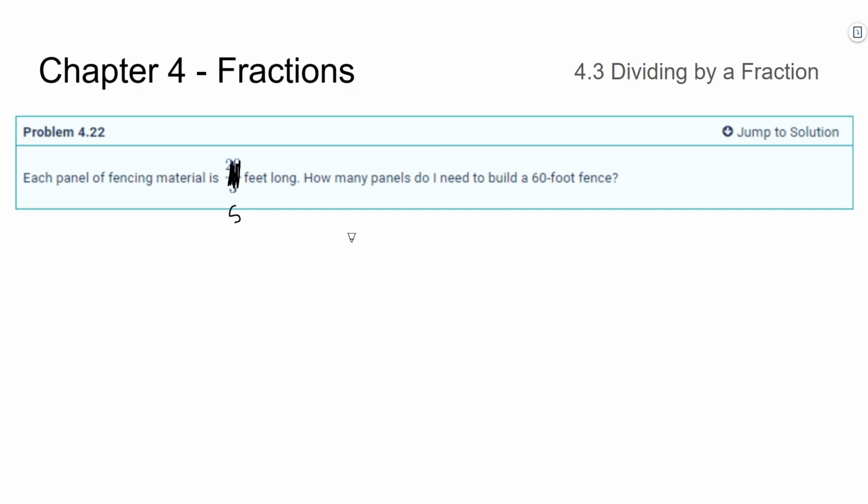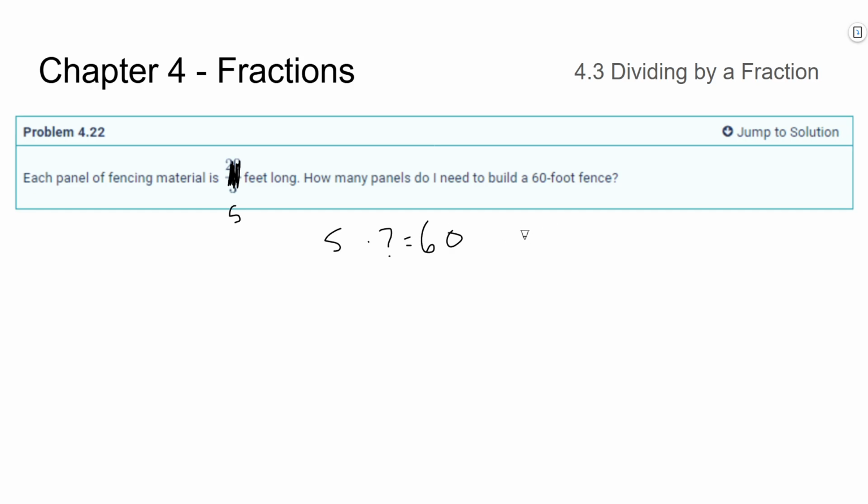Then how many panels do you need to build a 60-foot fence? Well, you know that it's going to be 60 feet in the end. You know that each one is 5. So then how many do you need to get to 60? So 5 times what equals 60?